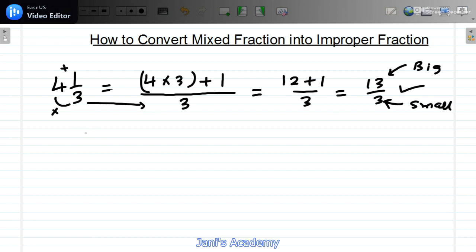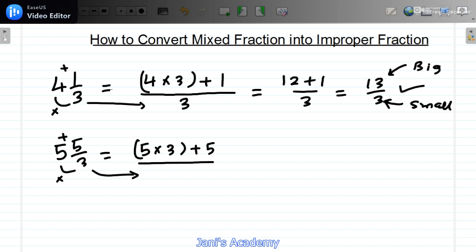Let's take one more example to convert a mixed fraction into an improper fraction. 5 5 upon 3. Here again I have to multiply these two numbers and add the output to the 5. So I can write 5 into 3 plus 5. The denominator will remain the same, I don't have to touch it. So 15 plus 5 upon 3, which is equal to 20 upon 3.